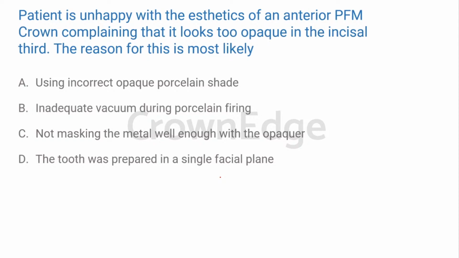A patient is unhappy with the aesthetics of an anterior PFM crown, complaining that it looks too opaque in the incisal third. The reason for this is most likely: the ceramist used an incorrect opaque porcelain shade; inadequate vacuum was created during porcelain firing; we didn't mask the metal well with the opaque, because of which there is a see-through and it looks very opaque; or the tooth was prepared in a single facial plane.